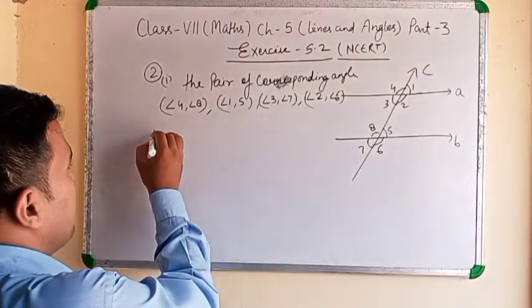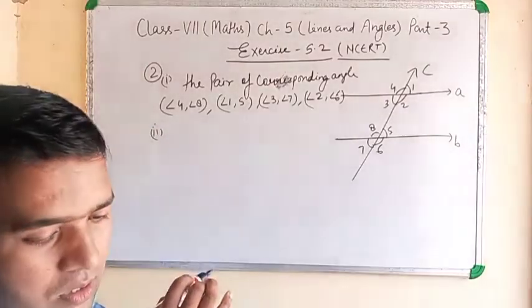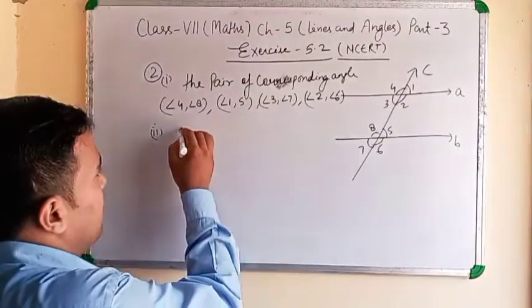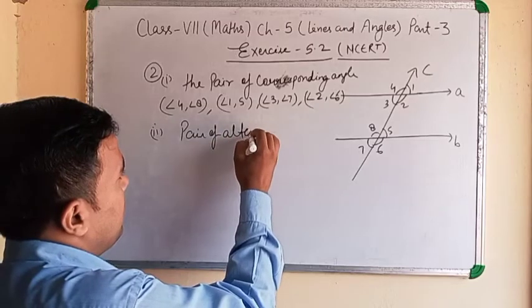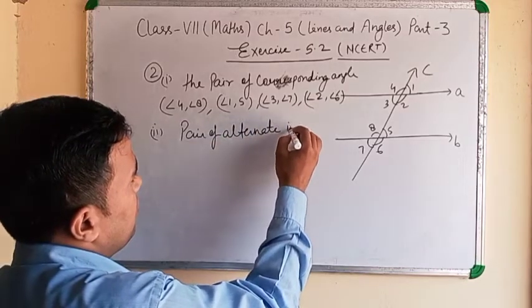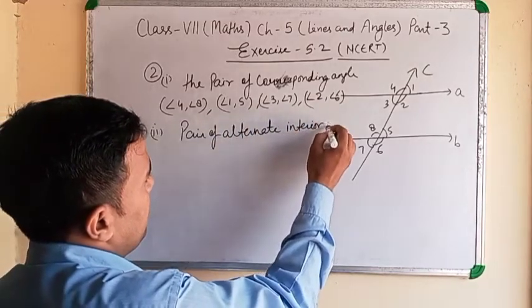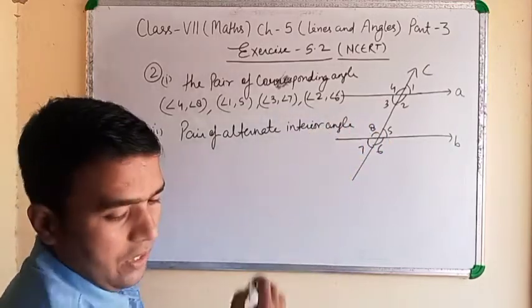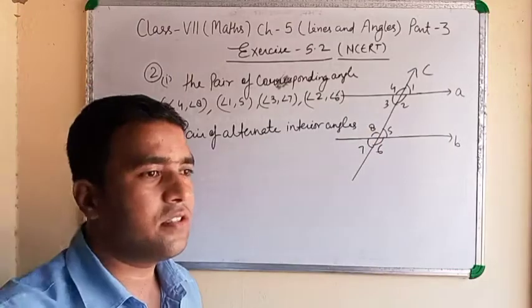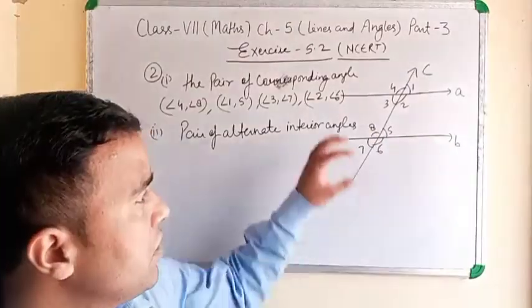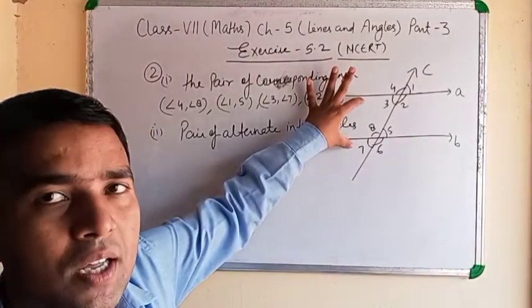In the second part: pair of alternate interior angles. Clear? Alternate interior angle means whatever angles are given between the two parallel lines.